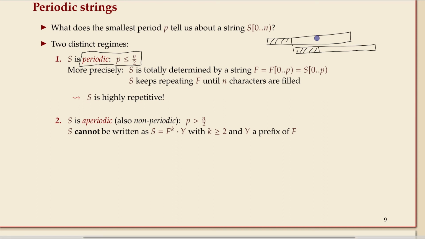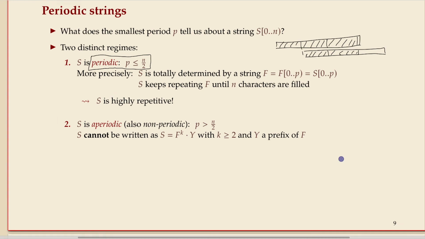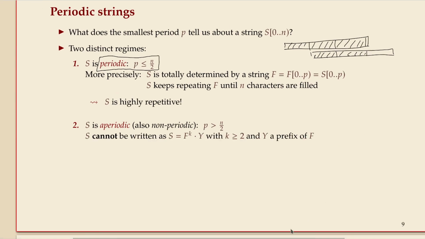And then because of equality, you have the same block here, and that copies to here. So the string consists of the same block repeated until at some point it stops in the middle of a repetition.